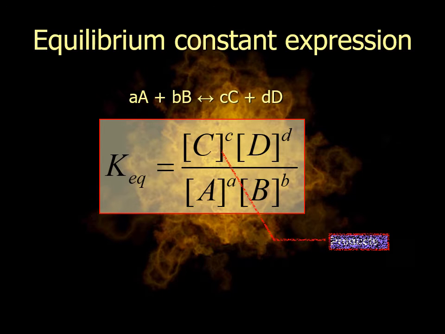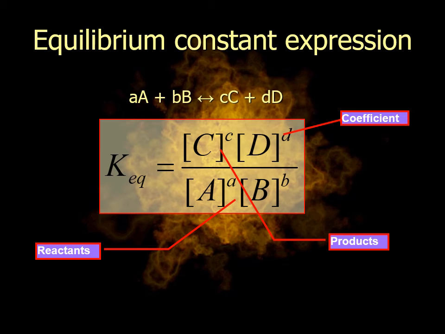So overall, just remember the way around. The products are on the top, the reactants are on the bottom. And each concentration is raised to the power of its coefficient.